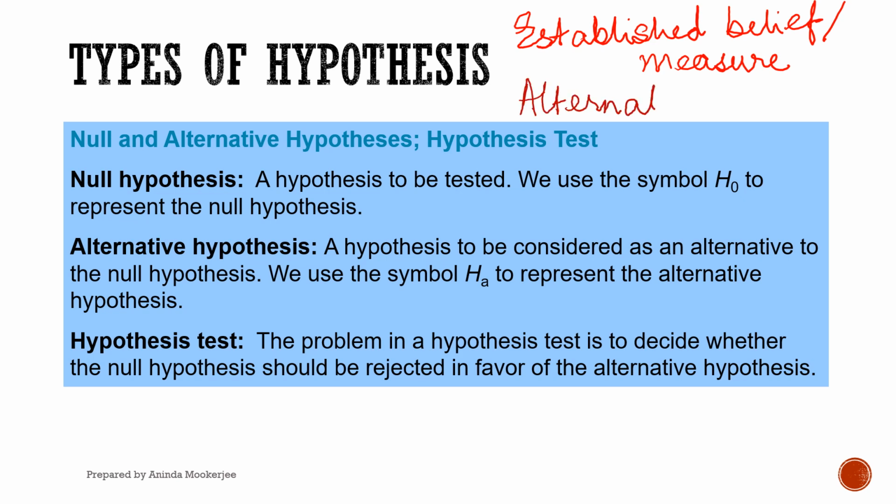That's a more recent measurement coming from a recent study which contests the null hypothesis and attempts to replace it with its own measure, with the measurement that comes from its own study. So to define alternate hypothesis, it is a hypothesis to be considered as an alternative to the null hypothesis. We use the symbol H sub A, standing for alternate, to represent the alternative hypothesis.